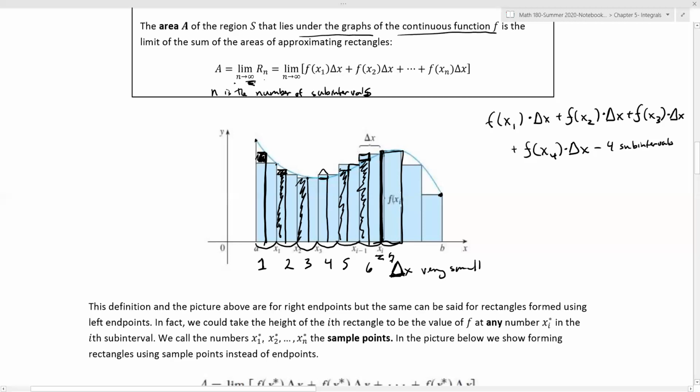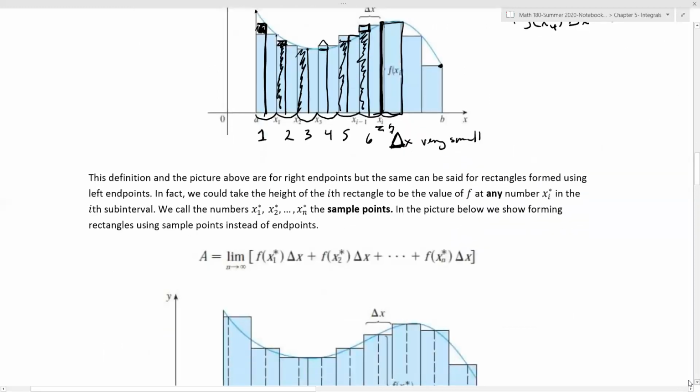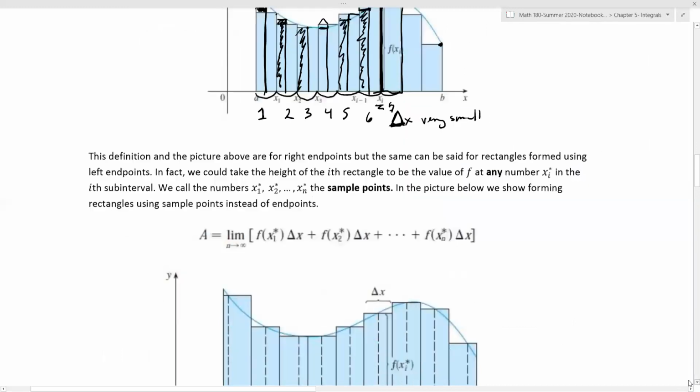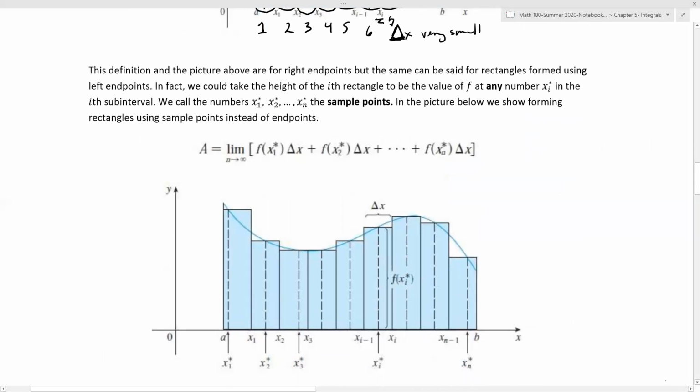So we call the numbers x1, x2, through xn the sample points. And if you look at this picture down here, where we're now using the sample points, we'll choose anything in the interval.